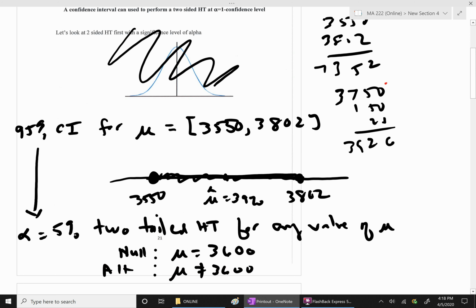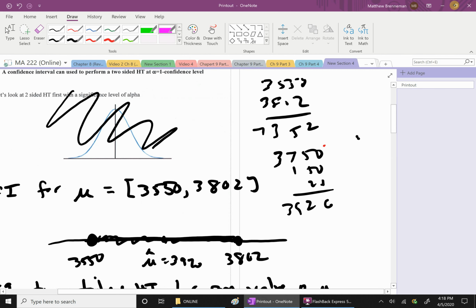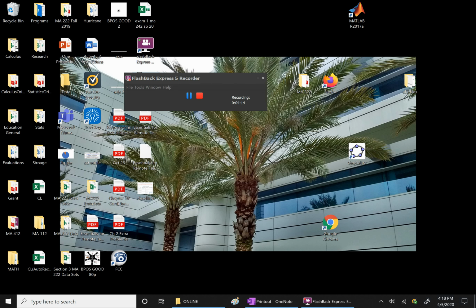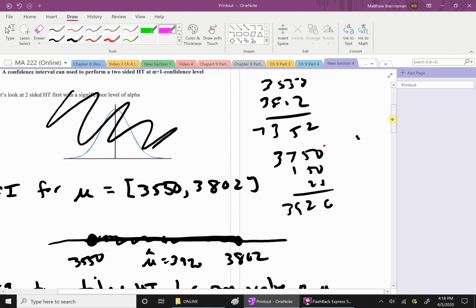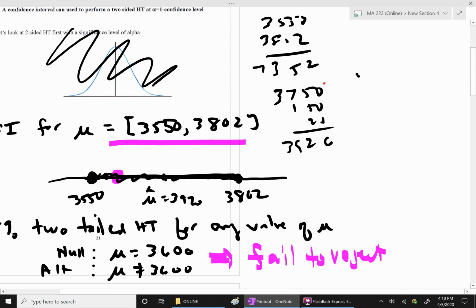What would he decide at a significance level of 5%? The way that we run the hypothesis test is we check to see if the value that we're testing is in our confidence interval. So notice that 3,600 is in our confidence interval. So based on this confidence interval, we would fail to reject the null, because the value that we're testing is inside the confidence interval.